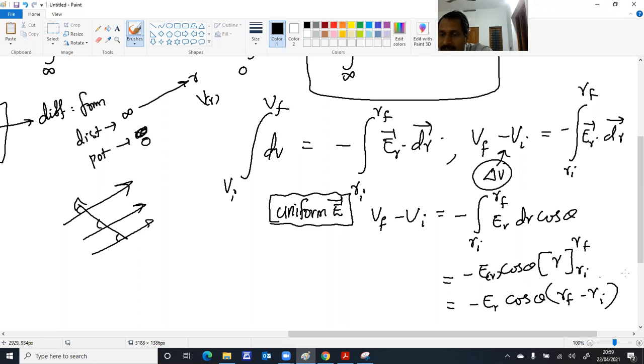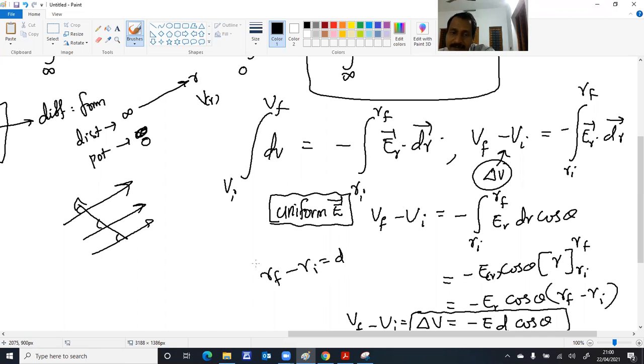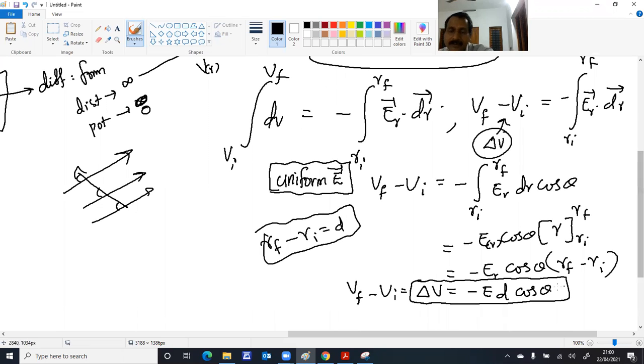If I replace this as a distance, I've taken R final minus R initial as D. So there's no need to write ER then, right?